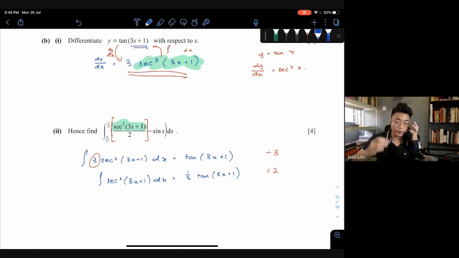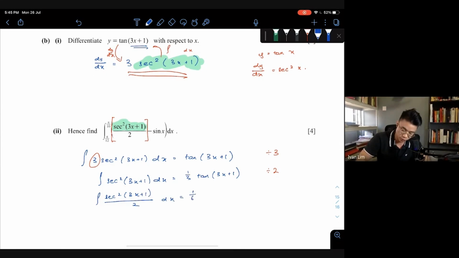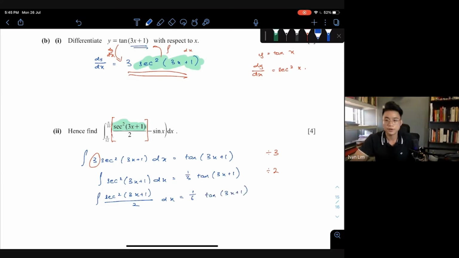You always start from the previous question, otherwise the value you want to multiply or divide, you might get a bit confused. At the end of the day, we want the integral of secant square (3x plus 1) over 2 dx. Here also divide by 2, so it becomes 1 over 6 tangent (3x plus 1). This is the more proper presentation.